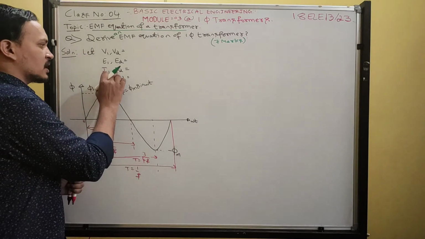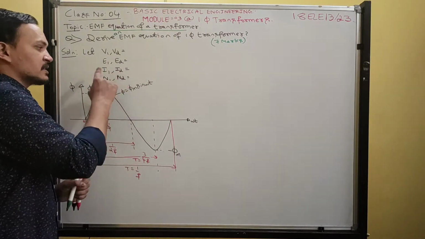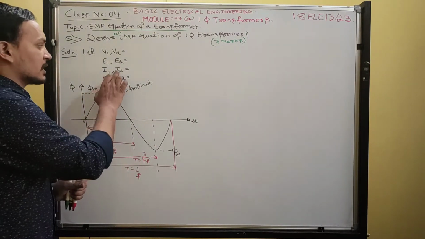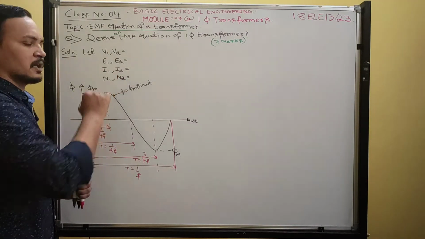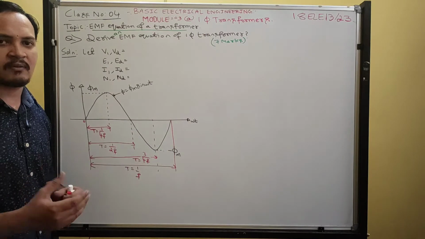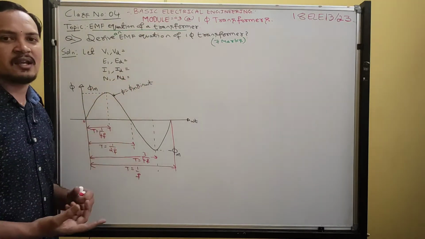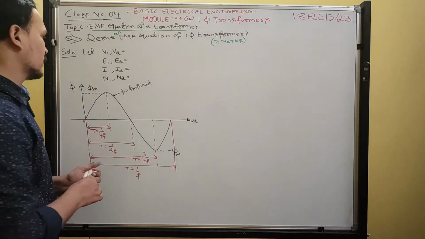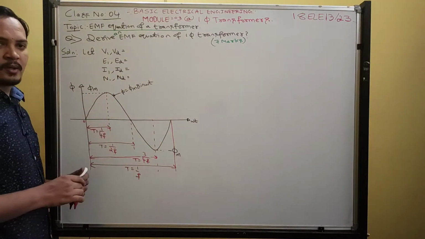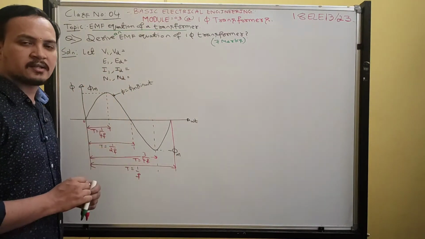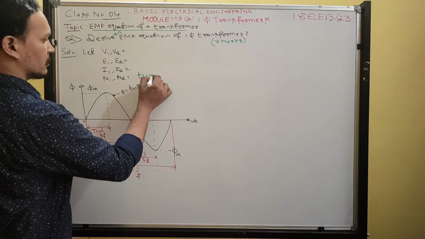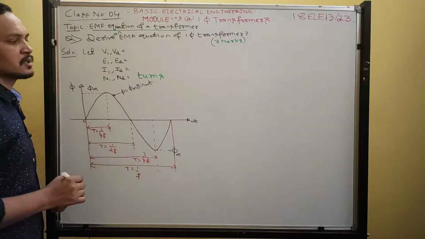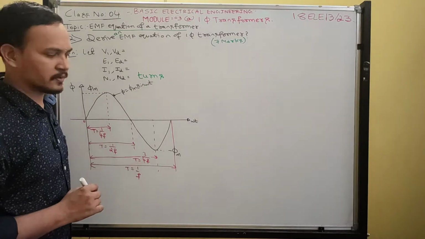Then I1, I2: primary supply current and secondary load current; otherwise, primary and secondary currents you can write. Then N1 and N2: primary turns and secondary turns. Turn, T-U-R-N.